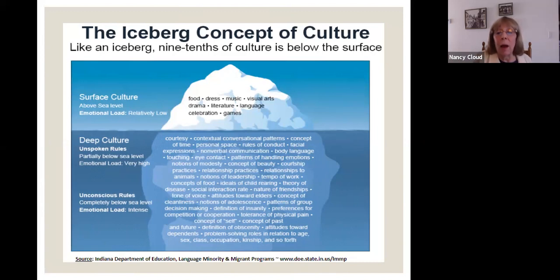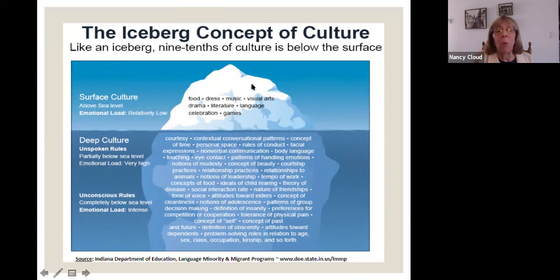Maybe how the relationships that are shown of extended family are very important in one culture, whereas the nuclear family is more important in another. And it's this deep culture that gets reflected in culturally responsive text. And we want to make sure that children are noticing this, okay? So this is the cross-cultural learning.